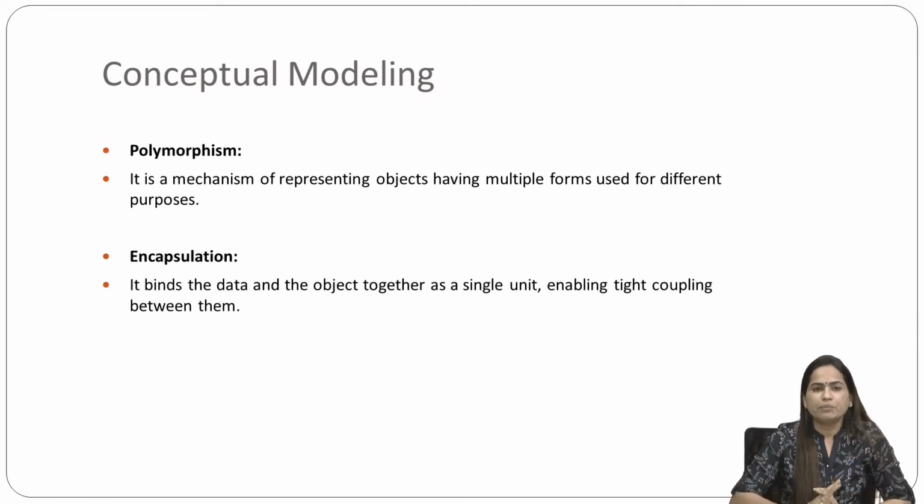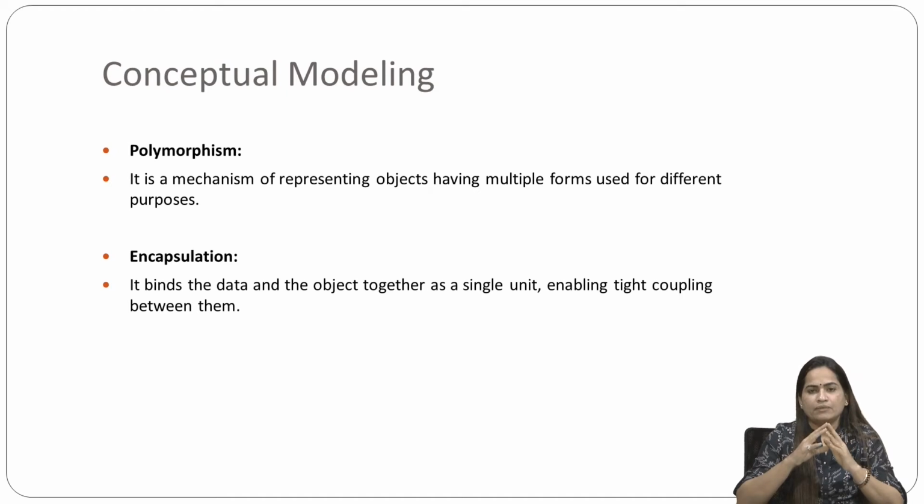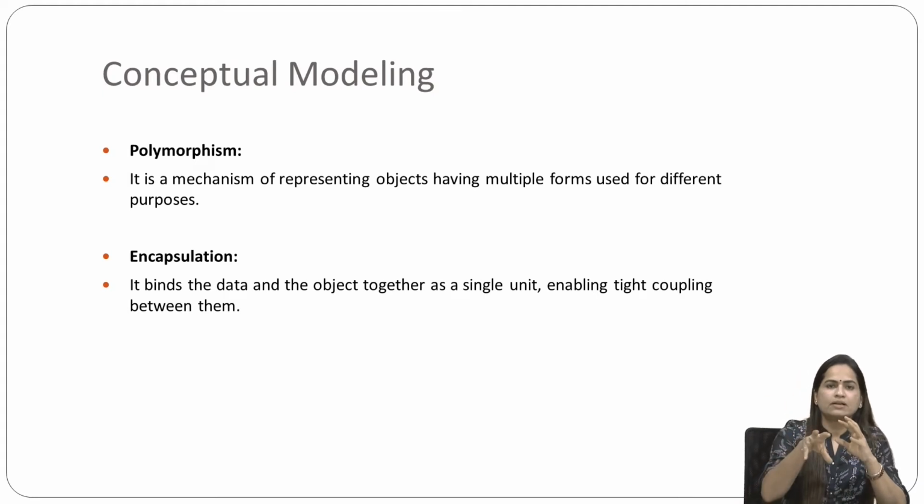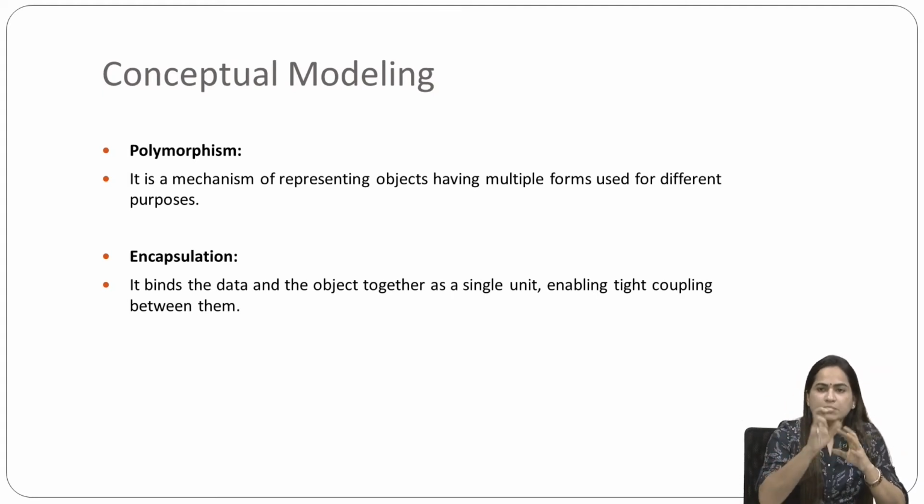Then after that we have polymorphism. Polymorphism is a mechanism of representing objects which have multiple forms used for different purposes. It is one type of mechanism which serves different purposes but has a similar name, and that is called polymorphism. Then after that we have encapsulation.